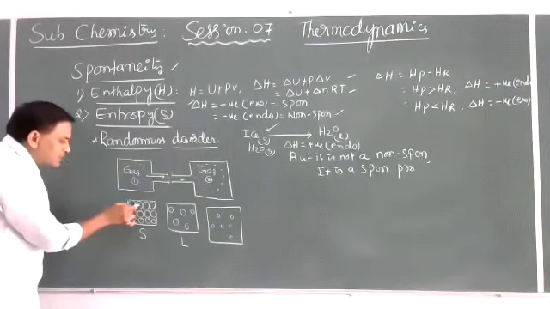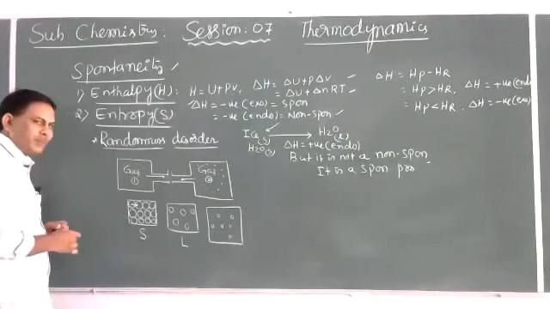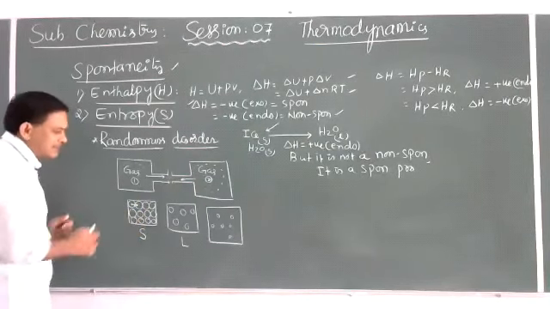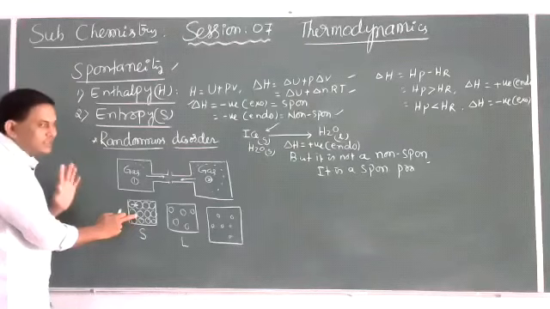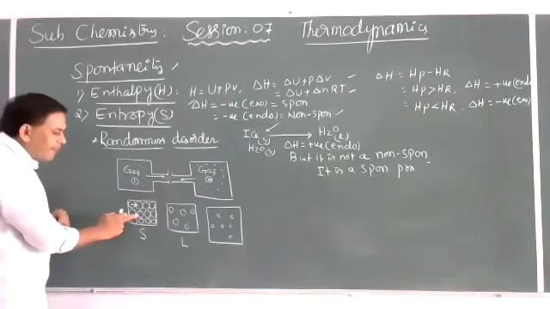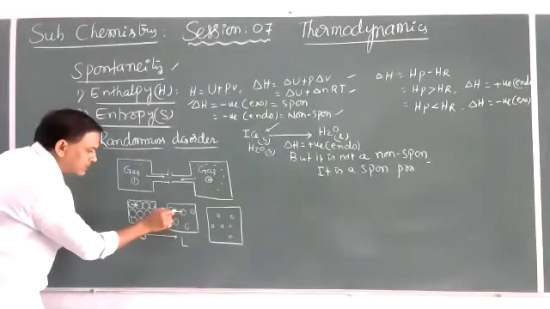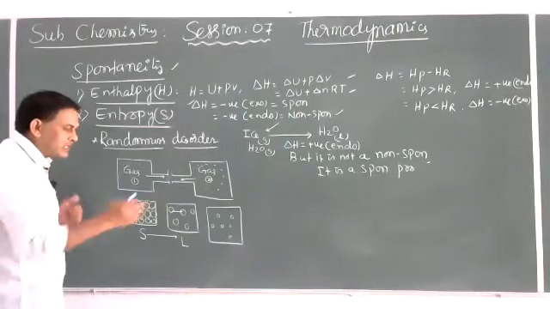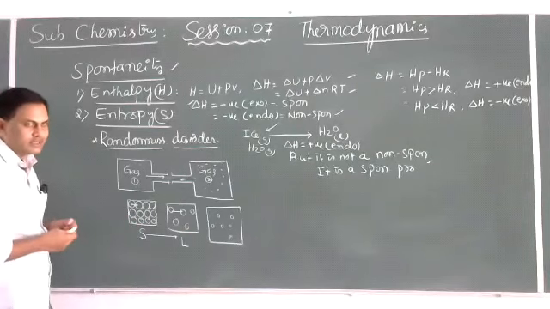Here, due to the strong attractive forces between the particles in the solid state, all the molecules are tightly packed and regularly ordered. That's why the disorderness or randomness is 0 at absolute 0 kelvin. From solid to liquid, the interactive forces between the particles decrease, the distance increases, randomness increases, and entropy also increases.